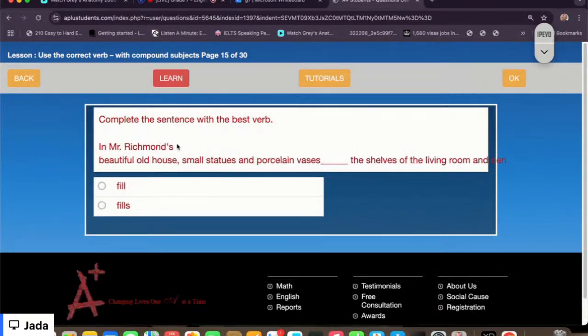In Mr. Richmond's beautiful old house, small statues and porcelain vases dash the shelves of the living room. And then, all right, so which one?